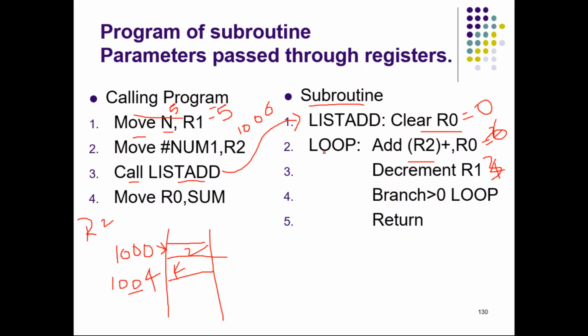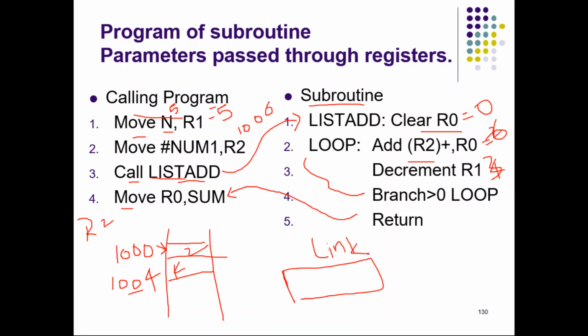Finally, after performing all additions, there will be a return instruction. When the return instruction is executed, what will happen? The link register will be checked, and the control will go back to the instruction that follows the call, which is move. During call, the address of the instruction that follows call, the move instruction address, will be pushed into the link register.